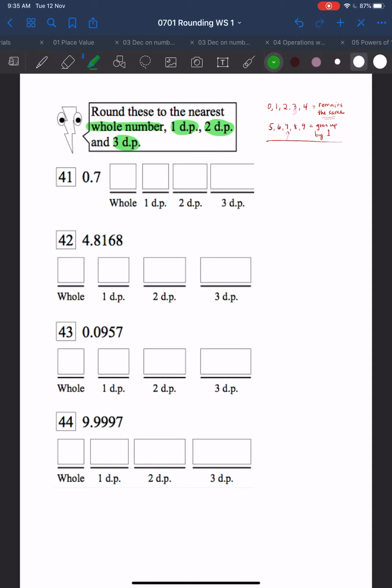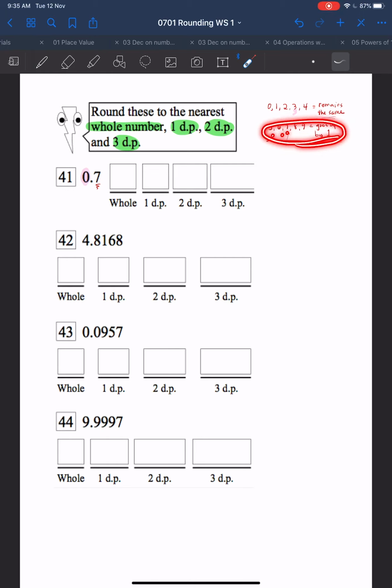So let's look at this number. Whole number is the ones place, or the unit. So that would be this one. It's a 0. But look at the next digit. It's 7. So 7 is greater than 5. See? 7 is greater than 5.